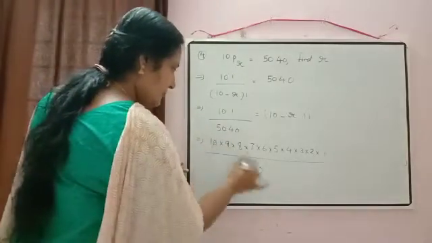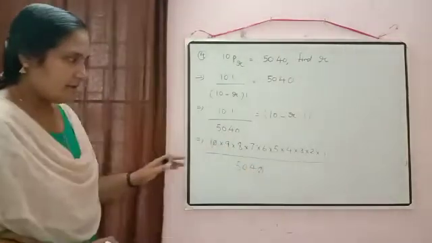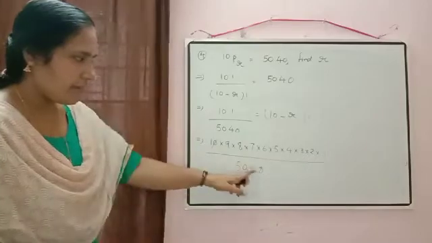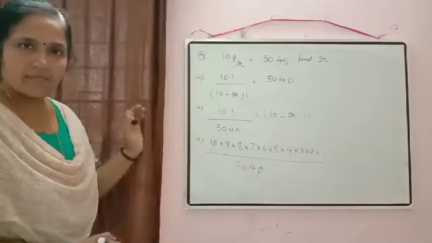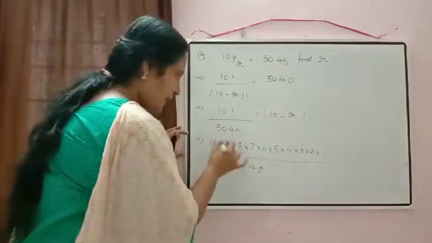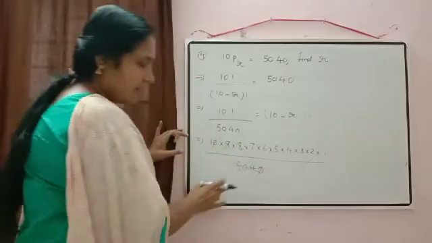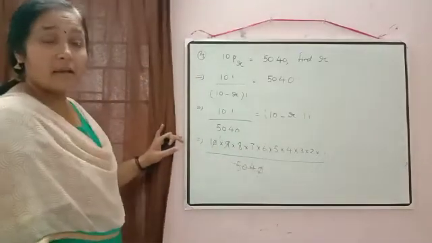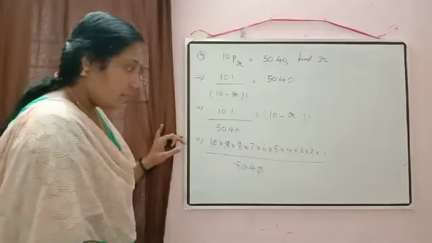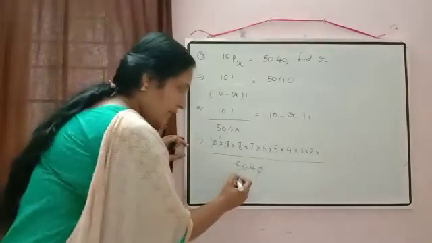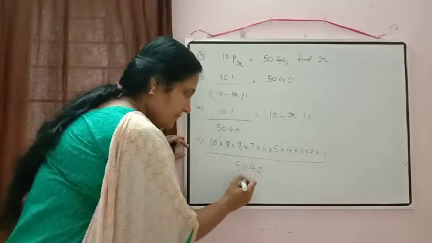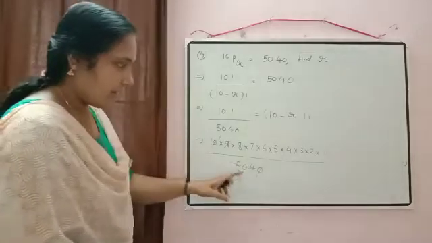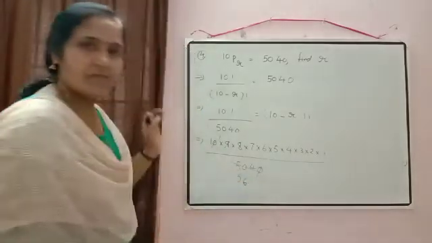First, cancel 9 and 504. 5 plus 4 is 9, so we can cancel it by 9. 9 ones are 9, 9 fives are 45, 9 sixes are 54.